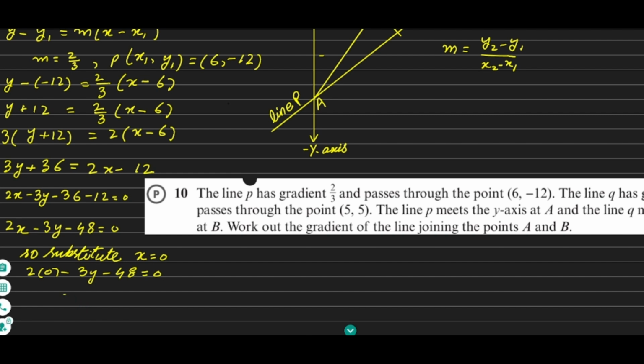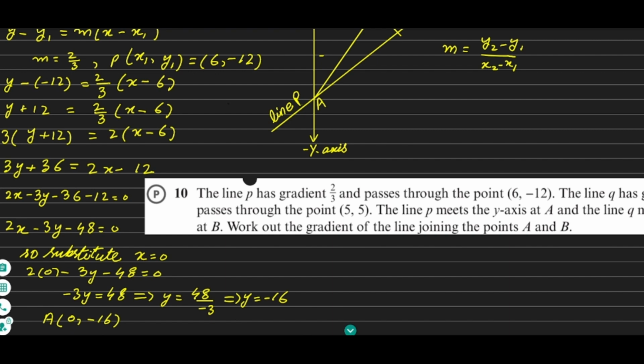We get minus 3y equal to 48, and the value of y will be 48 by minus 3. We get y equal to minus 16. So the point A will be x is 0 and y is minus 16. This is the coordinate A.